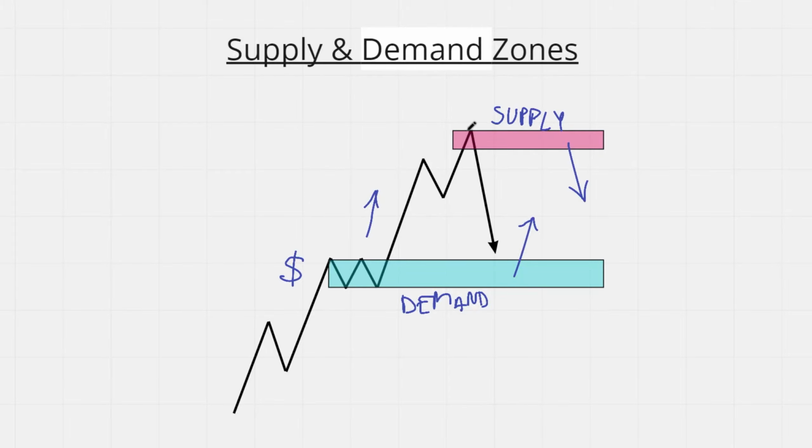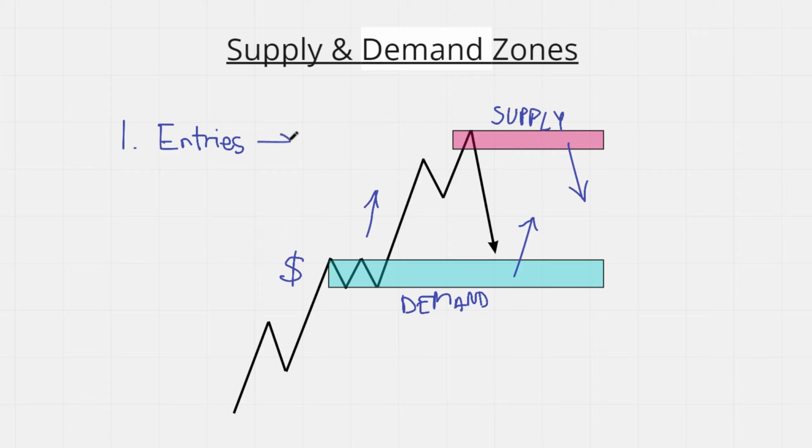Now, the benefit of marking out potential supply and demand zones as a trader is that, one, it can help us find better potential entries. And that's because if we expect there to be some sort of reaction to price action retesting a region where in the past there was a lot of demand, and so we expect this price region to also have a lot of demand if it gets retested, well, then if you were to enter a trade, this will give you a better risk to reward ratio, and this coincides with typically having better entries.